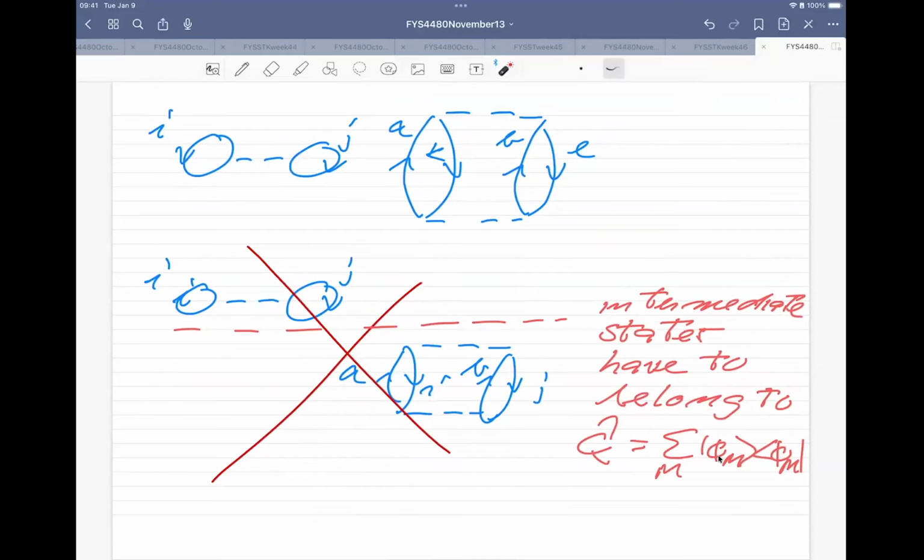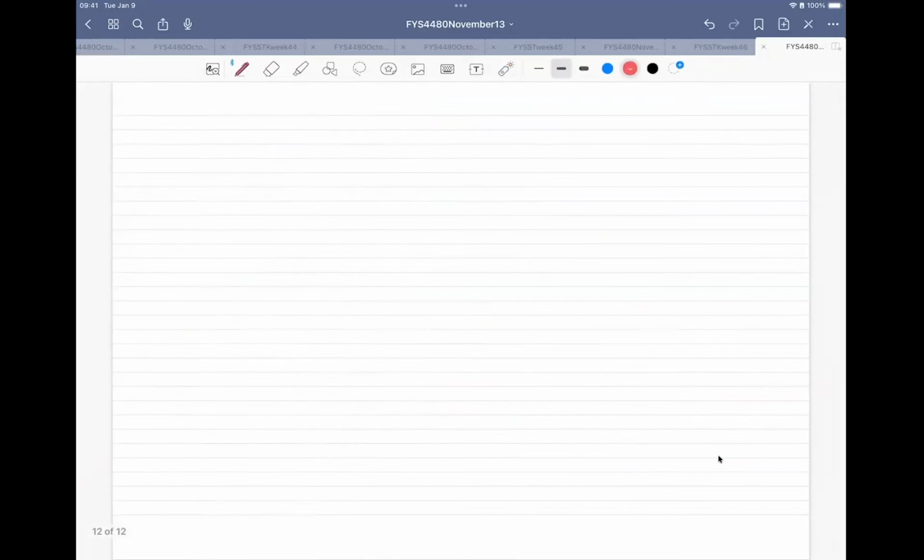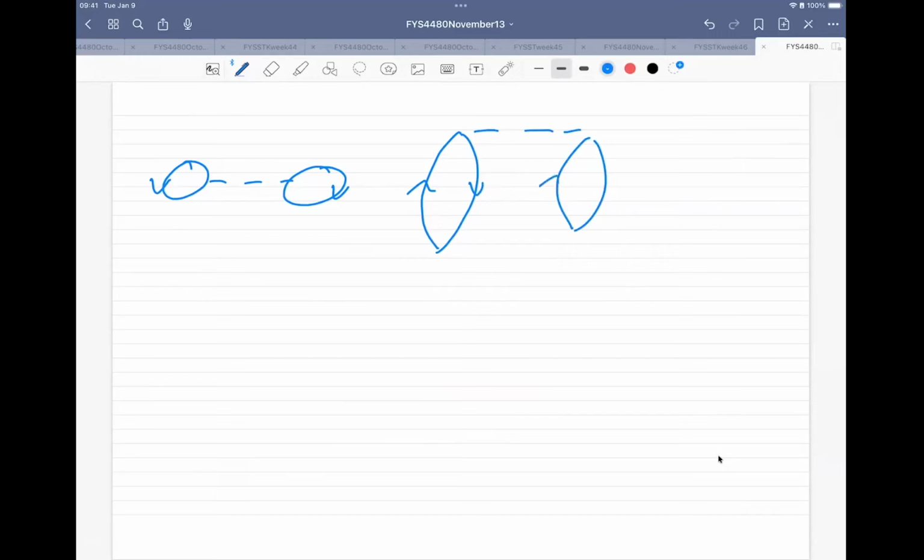So if you can have a state K here, let's just set it up. Let me put up the whole lines like this. So this is an unlinked diagram. But then there is a linked diagram.